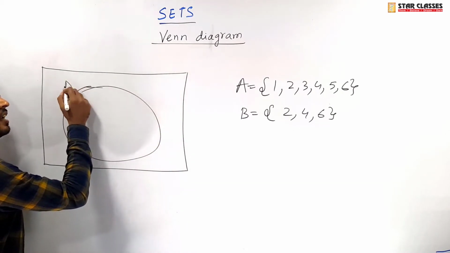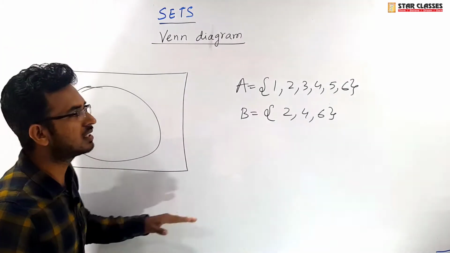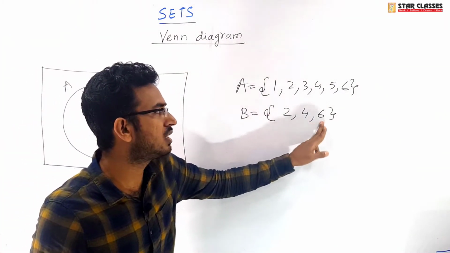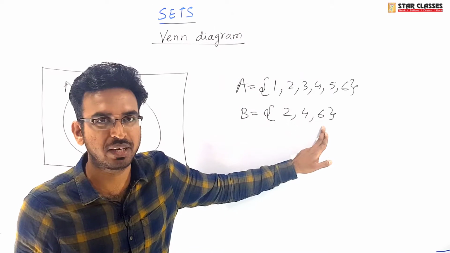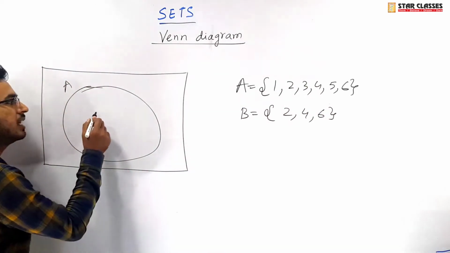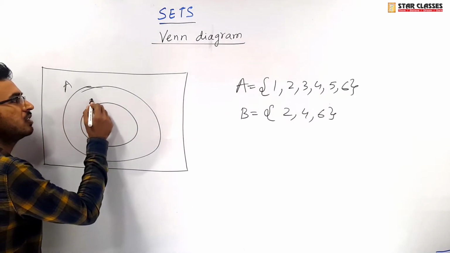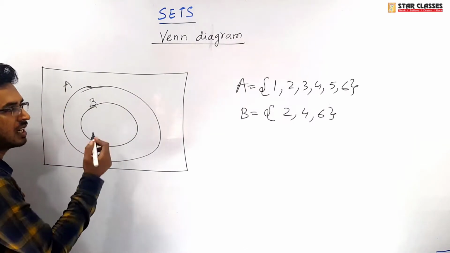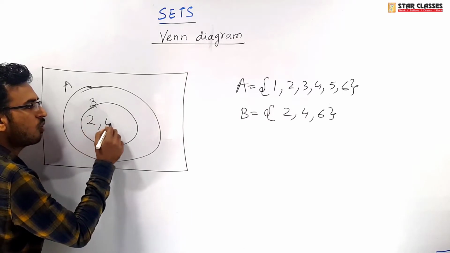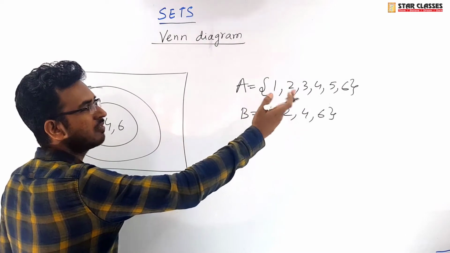Okay, set A. You have to put all the elements in it, but you can see that 2, 4, 6, all the elements of set B are taken from set A. So set B is inside set A. So this is your set A, but this is your set B. Set B has 2, 4, 6 in it, while set A has 1, 2, 3, 4, 5, 6.